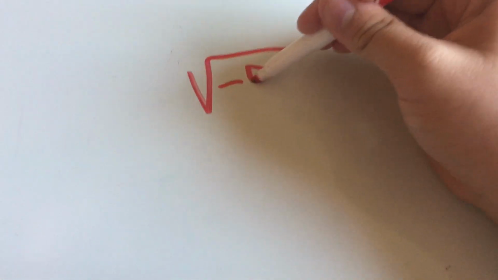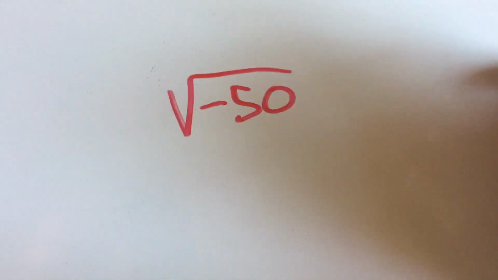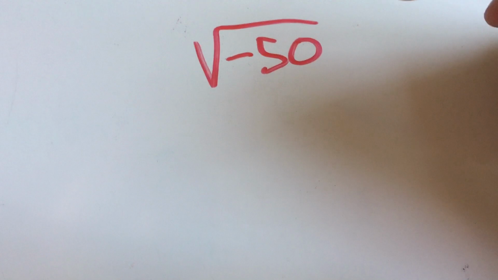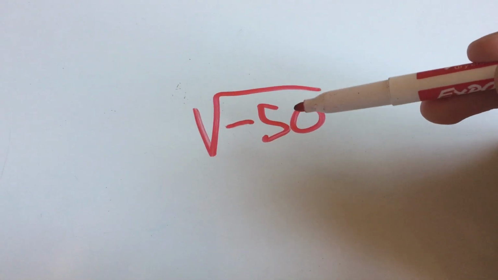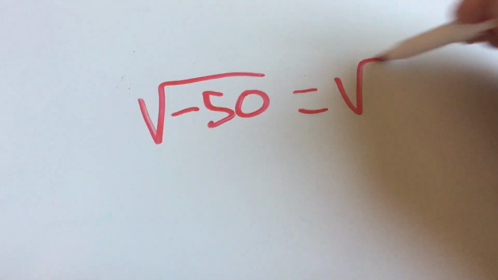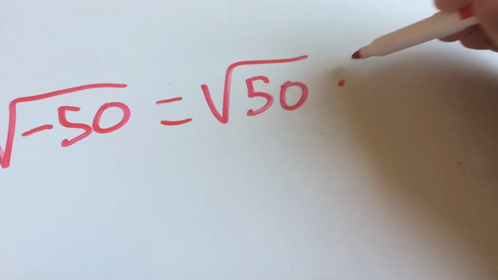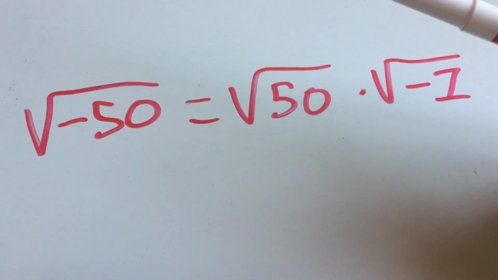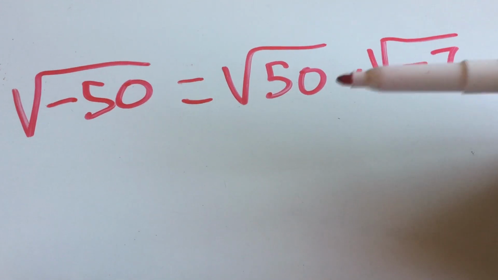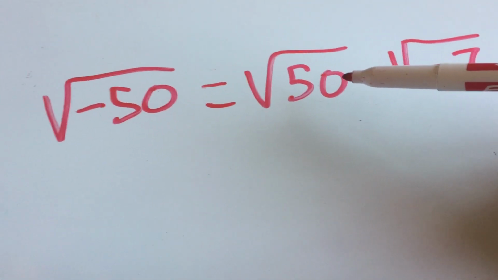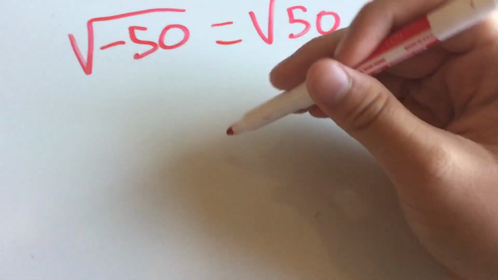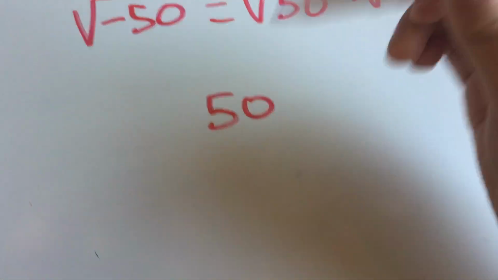Let's say the square root of negative 50. There are no two same numbers that multiply to give you 50, so we write the square root of 50 times negative 1. How can we find the two same numbers that multiply to give 50? We need to find factors.